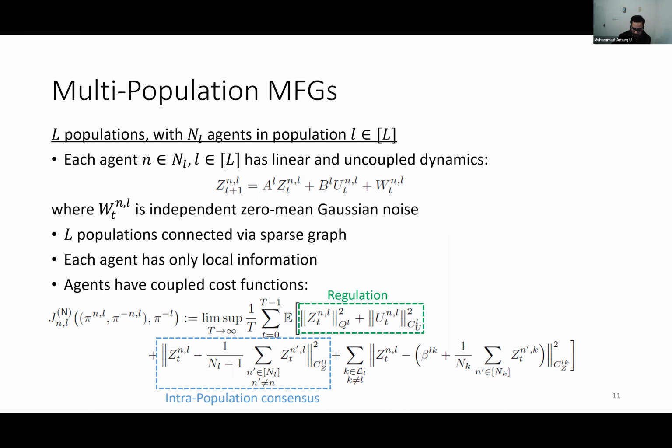The last term is called interpopulation consensus, where the agents aim to achieve consensus with the agents of neighboring populations; this L signifies the neighboring populations. We also assume there is a difference of opinion term: if we call this a consensus, each agent might choose to have a difference of opinion with agents in other populations. So this is the multi-population finite agent game.